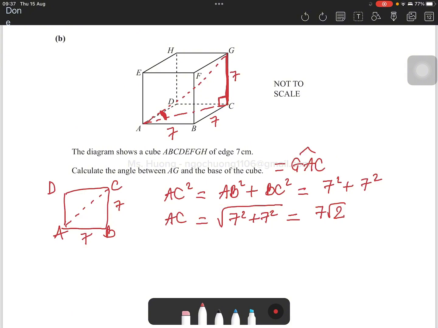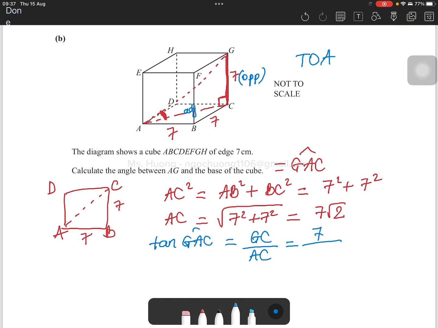And now, we see that AC is the adjacent to the angle A, and GC is the opposite of the angle A. So we will use opposite over adjacent. Tan of the angle GAC is equal to opposite GC over adjacent AC, which means GC is 7, AC is 7 root 2.